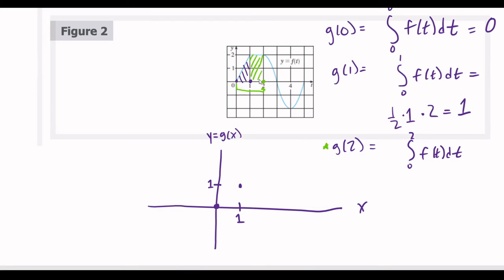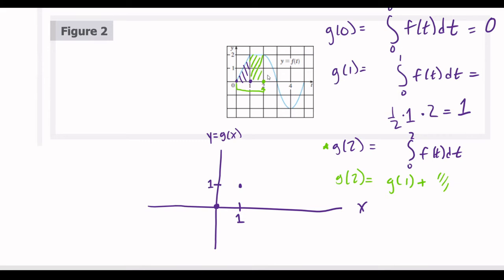One way that's really nice to do this is if you think about it, g of 2 is really g of 1 plus this extra green. Let me write that out. G of 2 is equal to g of 1 plus this extra green shaded region that's in the picture. This is neat because you already know g of 1 is 1.